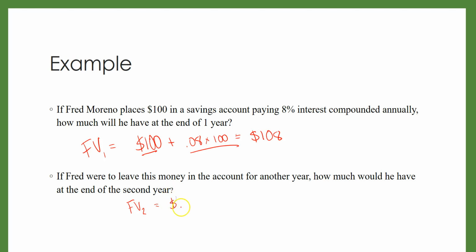So he initially deposited $100, which grew to $108. So he has $108 in his account, and now he's earning 8% on that 108. That gives him $116.64.